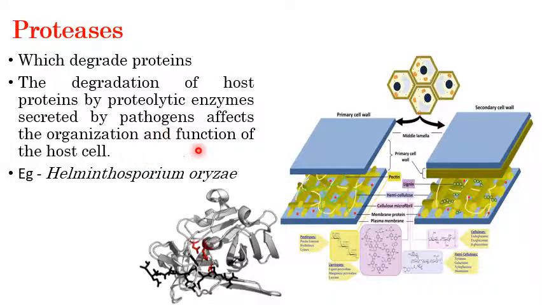The physiological functioning may be lost. So the protein degradation is due to the production of proteases or proteolytic enzymes. For example, Helminthosporium oryzae, the brown spot of rice, produces protease-type enzymes to enter into the plant system. This is the enzyme structure.